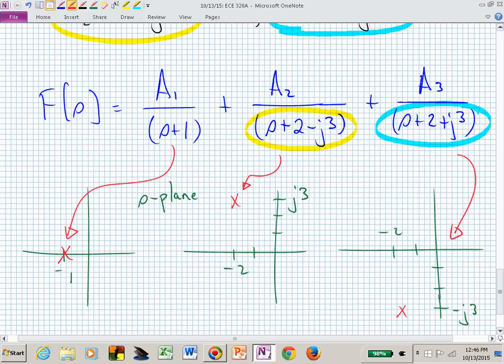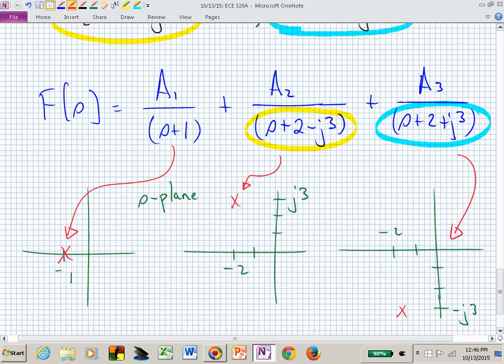It's very important that we associate A sub 2 with that factor that I've circled or highlighted in yellow. That's critical, because we're going to find A sub 2 and we will derive our inverse Laplace transform from A sub 2 and not A sub 3. A sub 3 will end up being the conjugate of A sub 2. All we have to do is find A sub 2 and A sub 1 and we're finished with this partial fraction expansion.